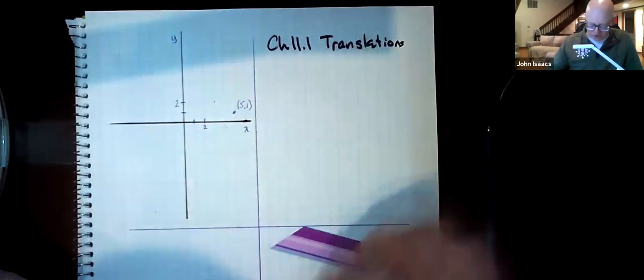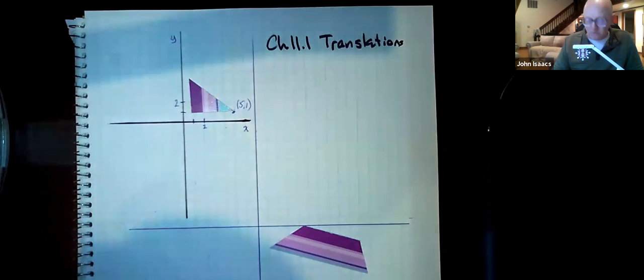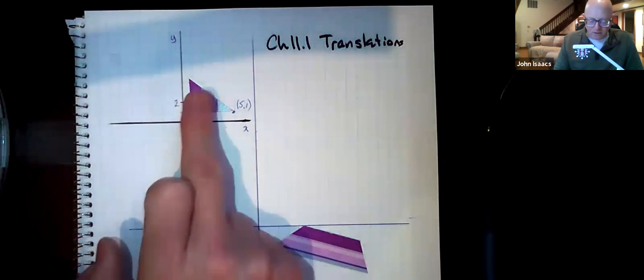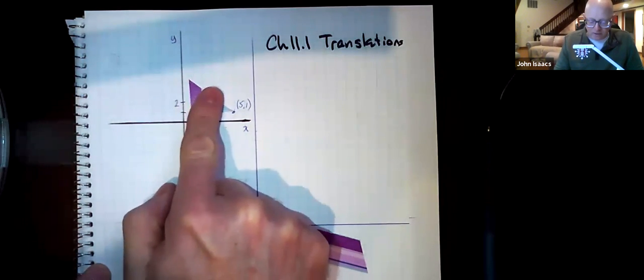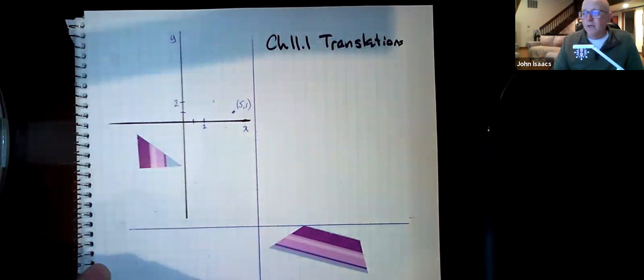If you have a shape, or even a point, or a line, a translation of that is to take that shape and move it somewhere else. Now, a translation strictly is sliding the item.